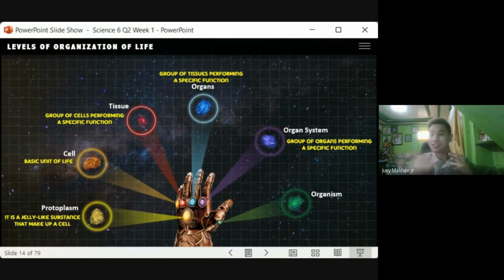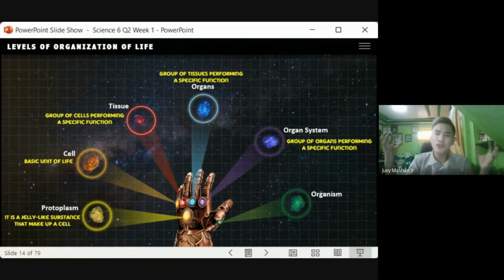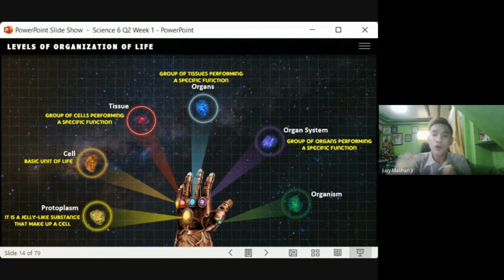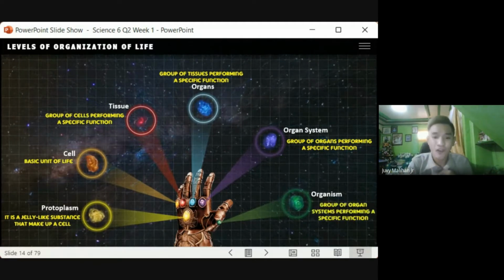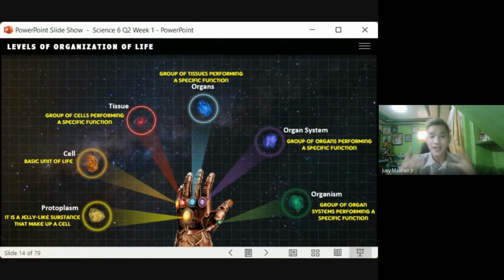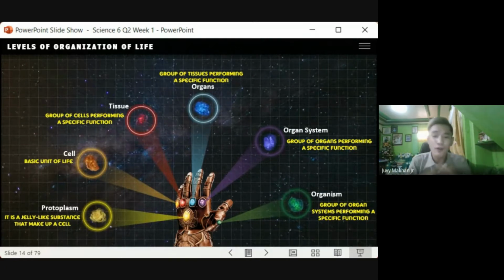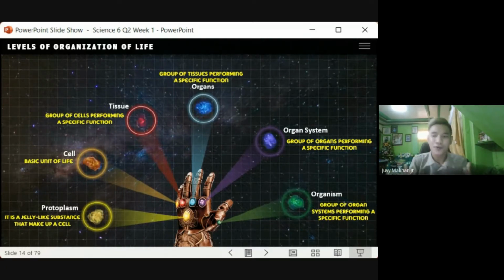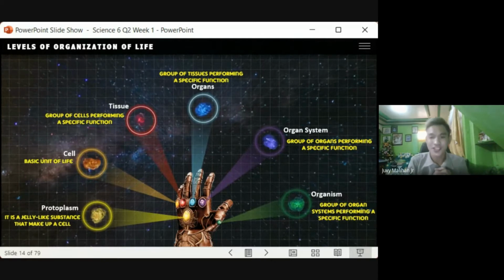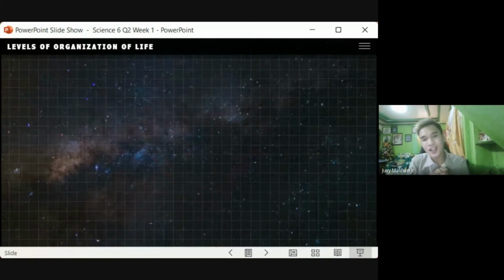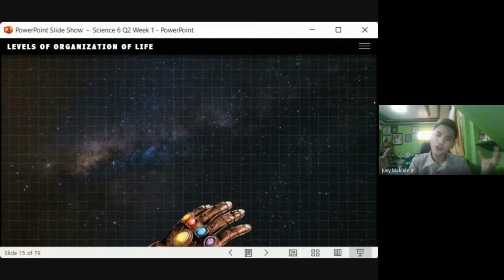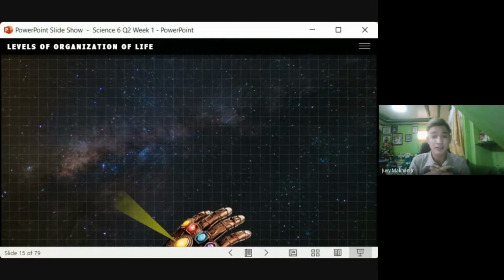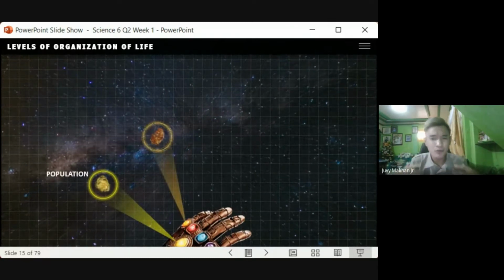And these organ systems, class, will be grouped together in order to form organisms. So again, organisms are groups of organ systems performing a specific function. Now, when organisms are grouped together and perform a specific function, what will be formed?